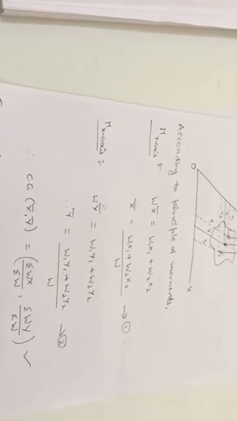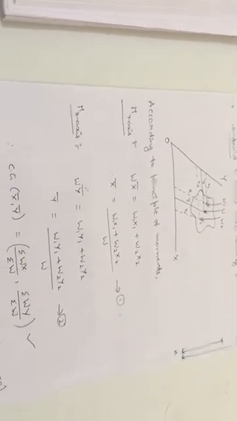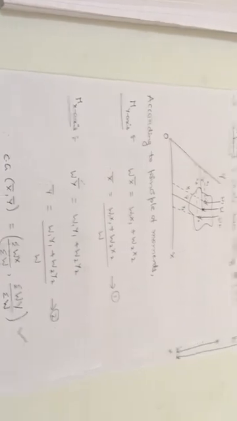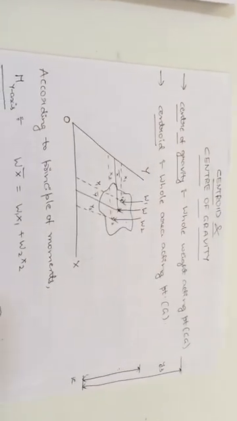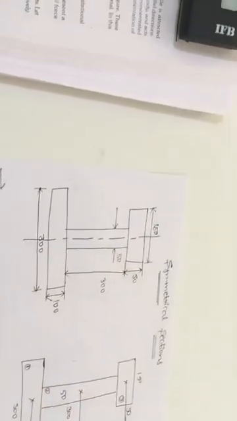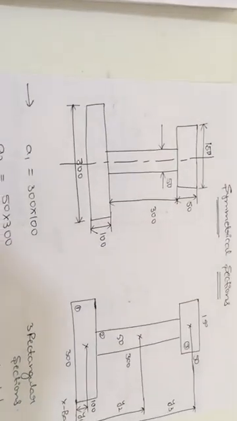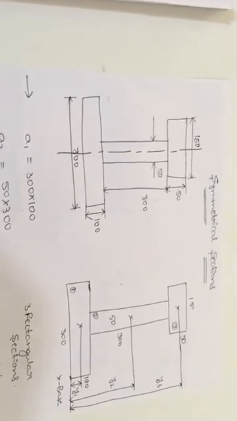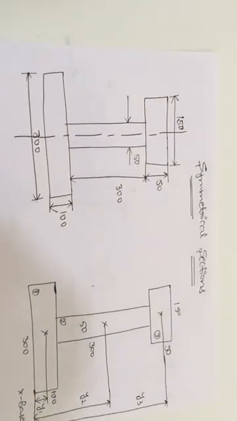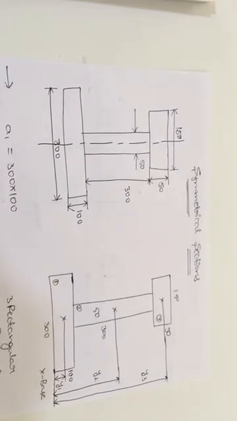According to the sections given in the problem, you can use any one of these x bar and y bar formulas to calculate the centroid and center of gravity. Now we will see some examples to calculate the center of gravity position, some for symmetrical sections and some for unsymmetrical sections.